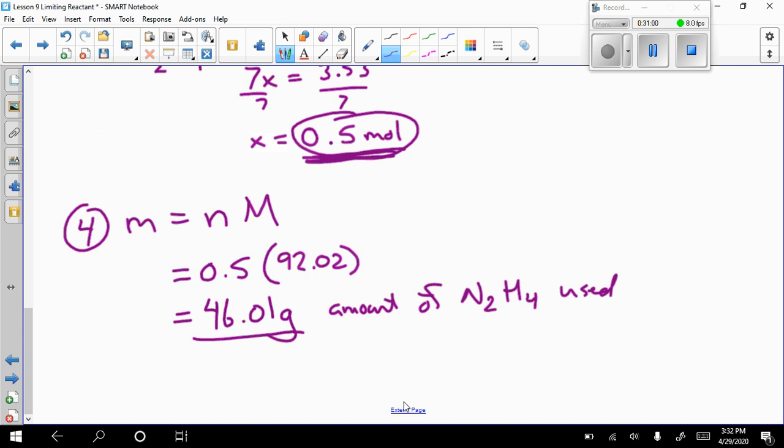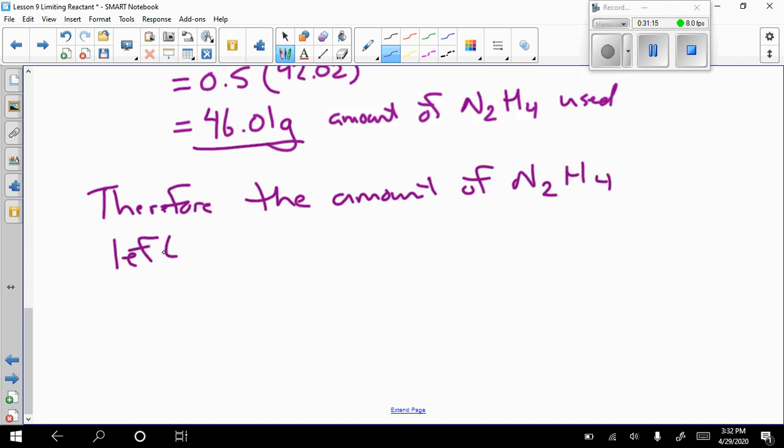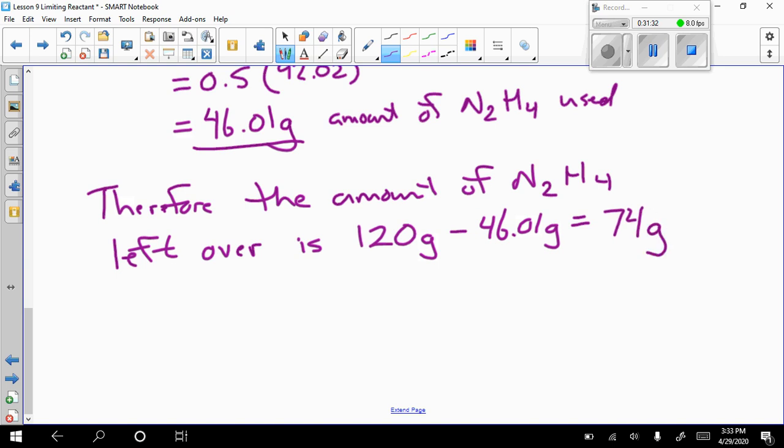So the amount of N2H4 left over is the original amount, the 120, minus the 46.01 grams used. And you get roughly 74 grams left over. The amount left over is the 74 grams.